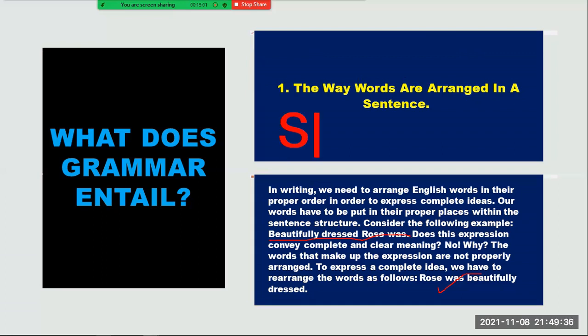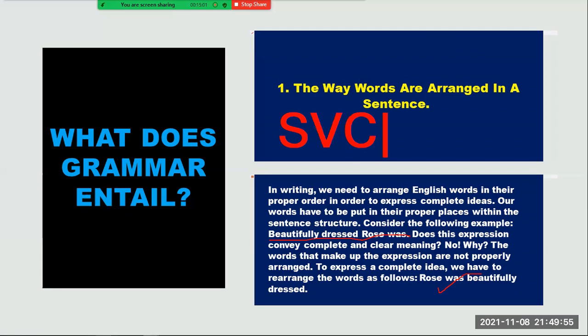Rose is the subject, followed by the verb, which is "was". Beautifully dressed is the adjunct.